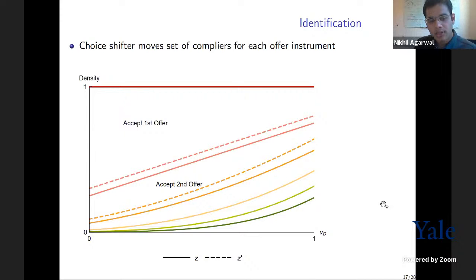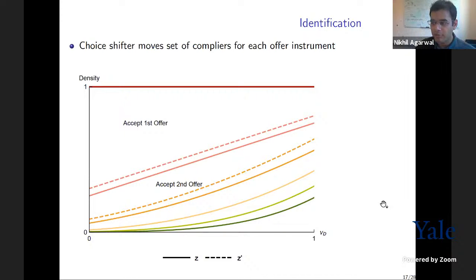Now you can see that what this choice shifter does is that it shifts the marginal patient who gets the kidney. It shifts the selectivity type of the marginal patients who get the kidney. This shift is useful because it tells us about the effects on people who are in a different group, namely that little sliver between the dashed line and the solid line.